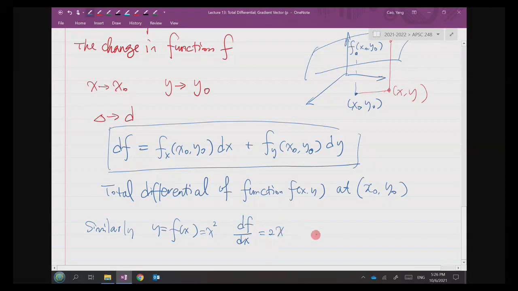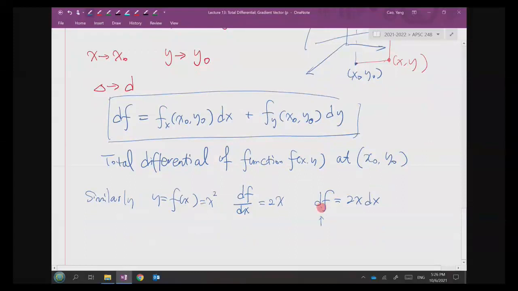So over here, you can write it as df equal to 2x dx. This is the differential for a function of a single variable. See the similarity with this multivariable function here. You just have one more term here. And of course, we require a partial derivative now instead of just a derivative.